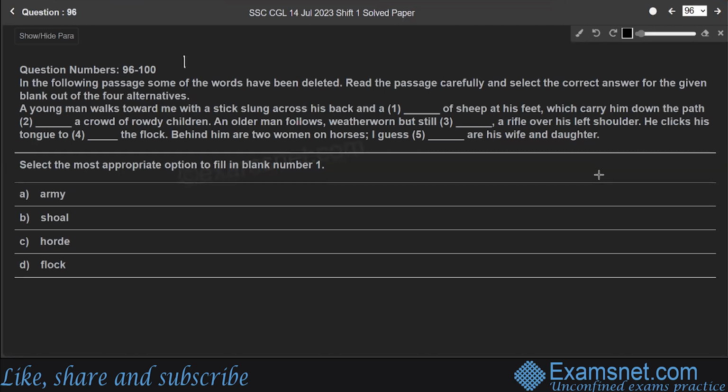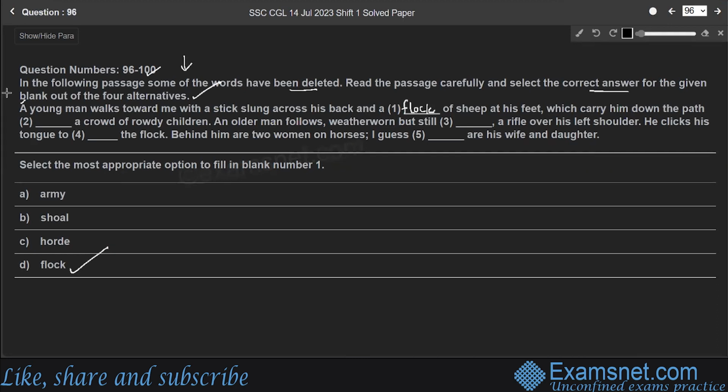Students, questions 96 to 100 are based on the below passage. In the following passage, some of the words have been deleted. Read the passage carefully and select the correct answer for the given blank out of the 4 alternatives. So the passage is, a young man walks towards me with a stick slung across his back and a dash of sheep. A dash of sheep means a flock of sheep. It should be a flock of sheep.